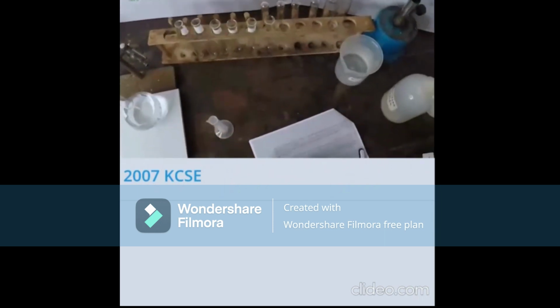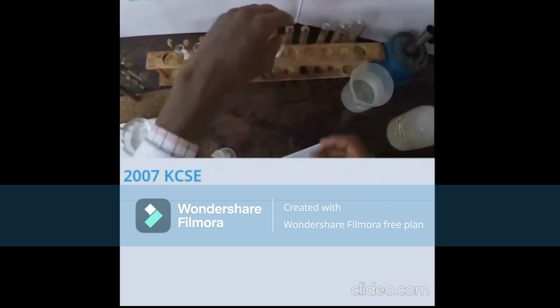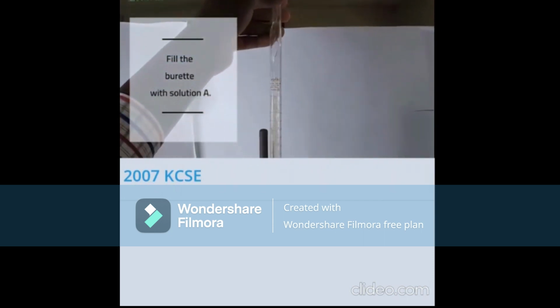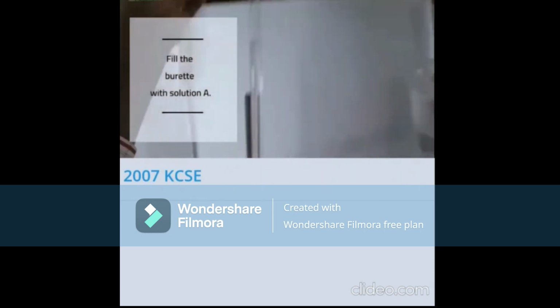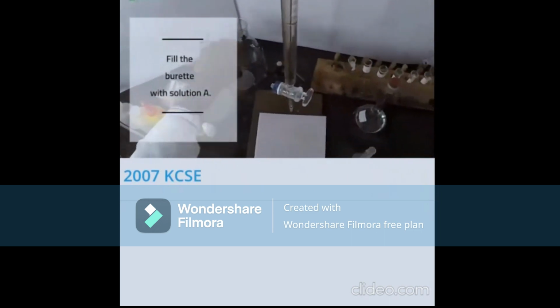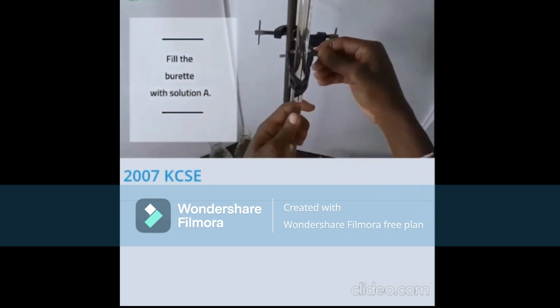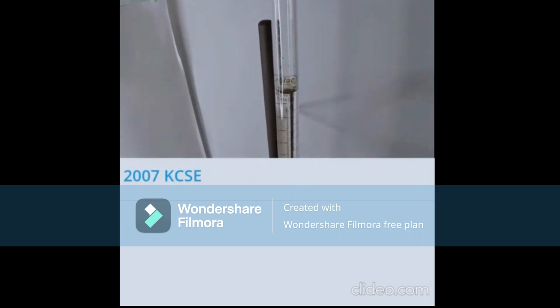Now fill the burette with solution A. The reason of filling the burette with solution A is to give you correct portions, as you'll be measuring using the burette. For test tube 1, you should measure 2 centimeter cube. Test tube 2, you should measure 4 centimeter cube, meaning we are incrementing by 2.